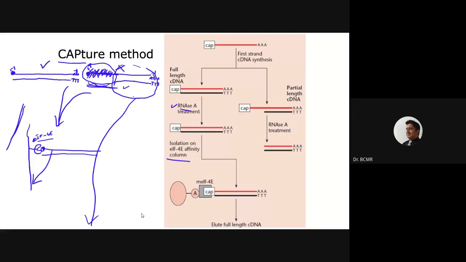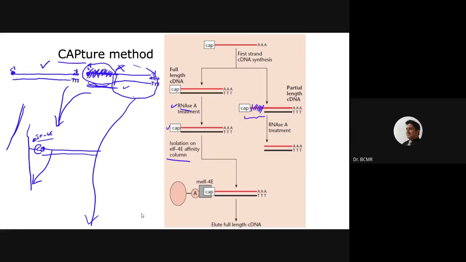So the partial reverse transcription, something like this happened, and if you treat with RNase, this part will get degraded like this and will not have the GCAP anymore. These partially reverse transcribed fragments do not have GCAP, whereas the full length ones will retain their GCAP.